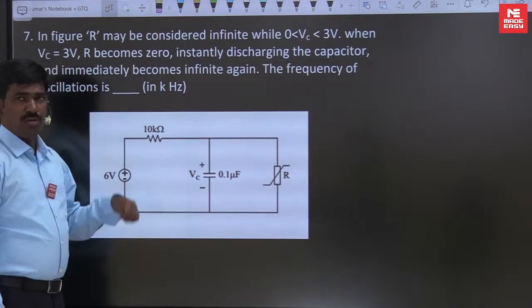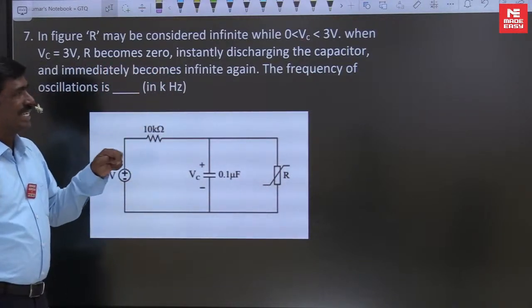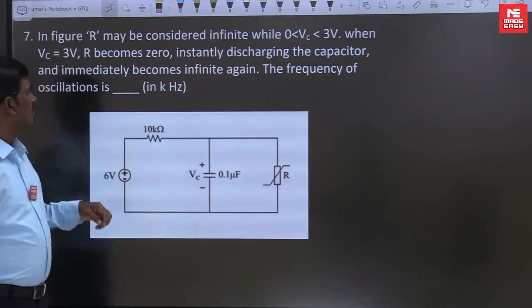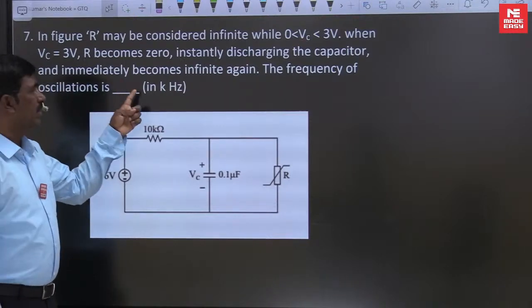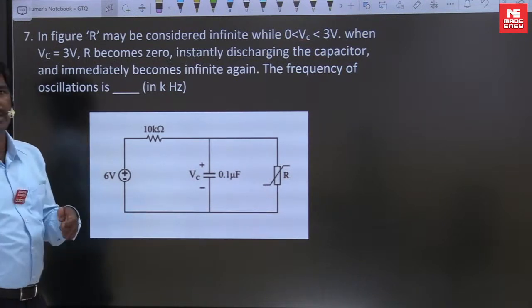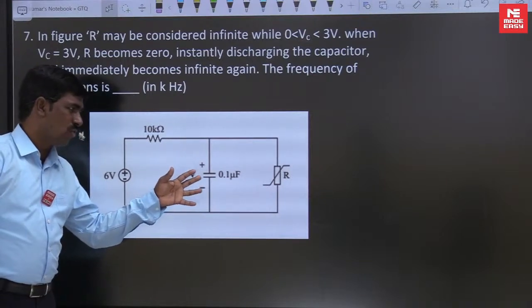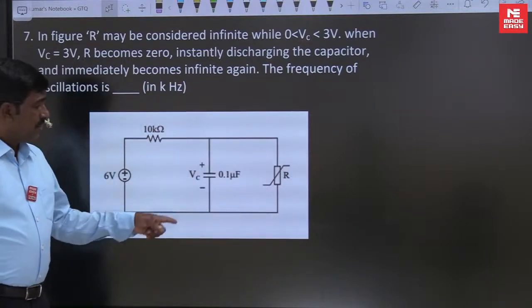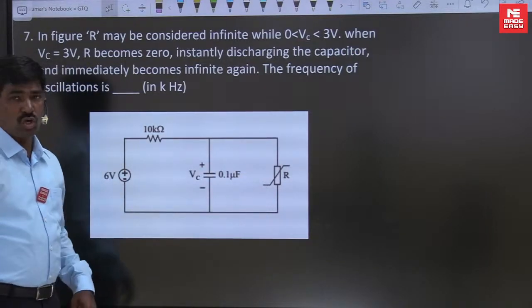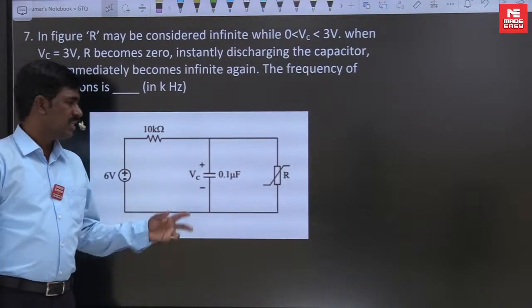When Vc is equal to 3 volts, R becomes 0, instantly discharging the capacitor, and immediately becomes infinite again. The frequency of oscillations is in kilohertz. In the circuit, when the capacitor reaches 3 volts, R becomes 0. Whenever it is less than 3 volts, it becomes infinite. So there is charging and discharging of the capacitor. So what is the frequency of oscillations? Please give the answer now, fast.